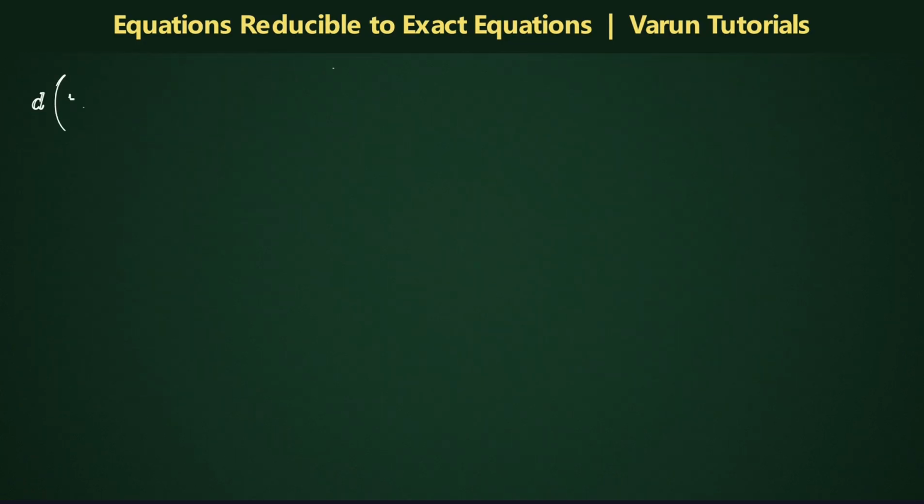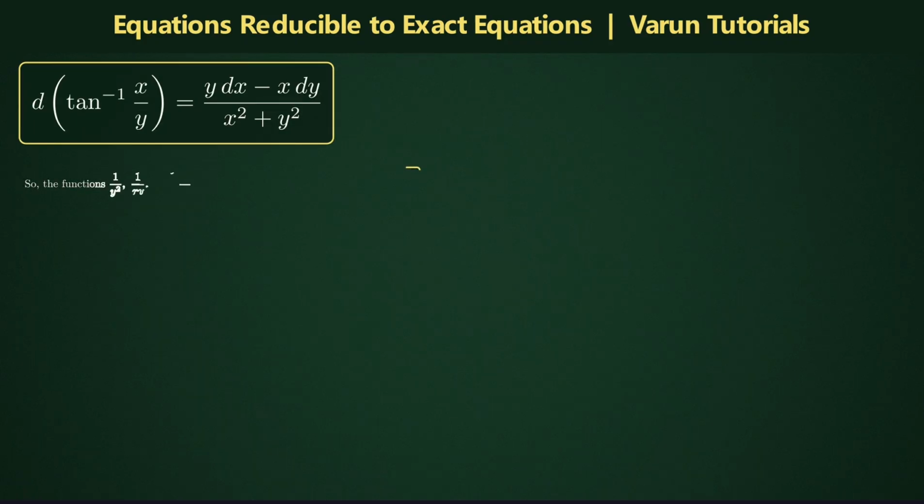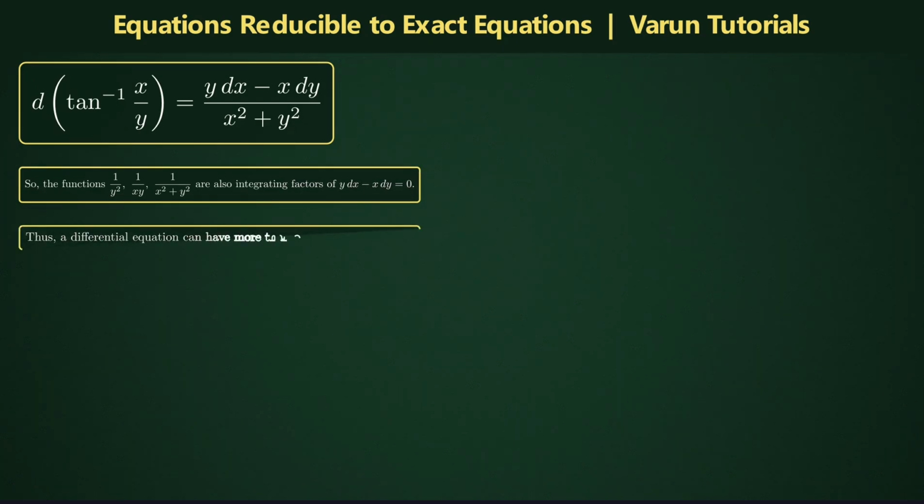And the differential of inverse tangent of x over y is equal to y dx minus x dy, over x squared plus y squared. Therefore, the functions 1 over y squared, 1 over xy, and 1 over x squared plus y squared are also integrating factors of y dx minus x dy equals 0. From this example, we observe that a differential equation can have more than one integrating factor.